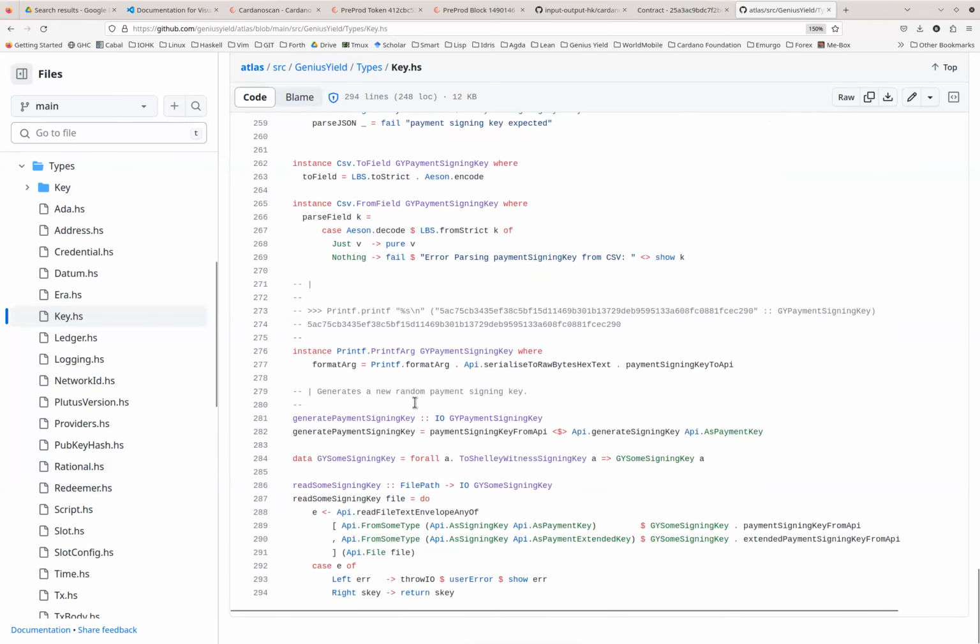Here, for example, there's a function in Atlas to generate a payment signing key. So then you have a signing key.